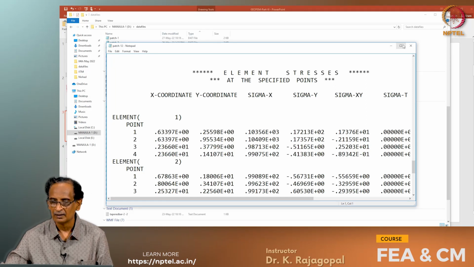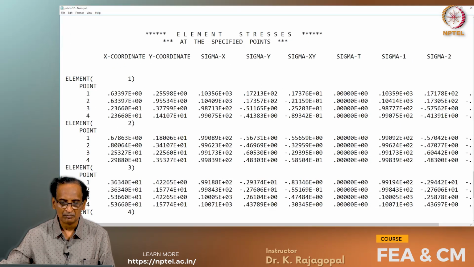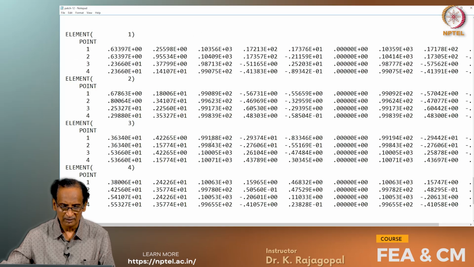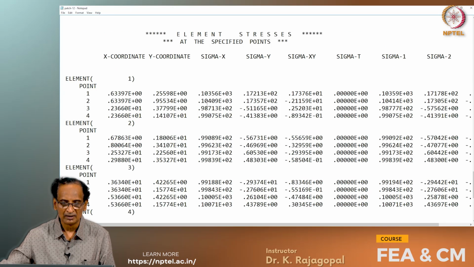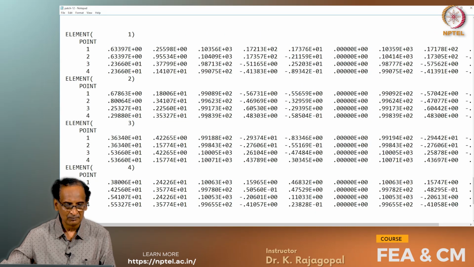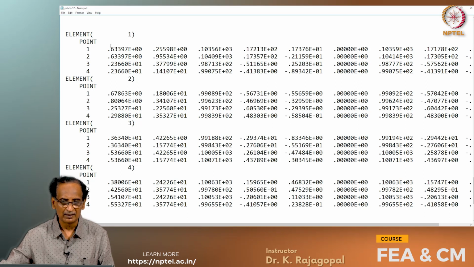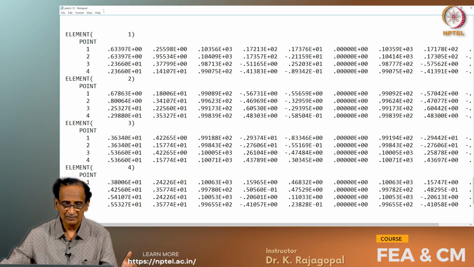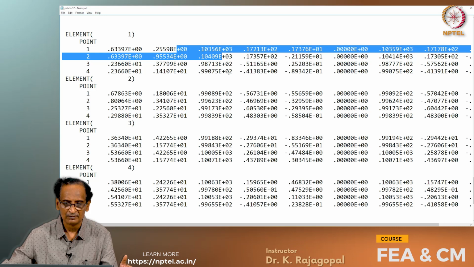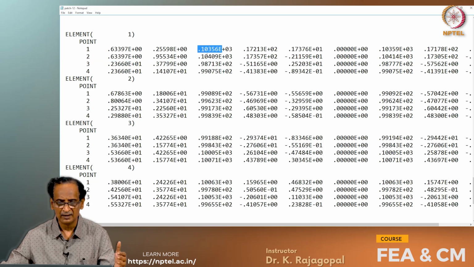So, now we see our sigma x is not constant, it is nearly constant. So, within element 1 at one integration point 103.56, another point 98.7, 99, and actually element 1 is very near to the boundary, and so that got affected very badly in terms of the varying stresses.